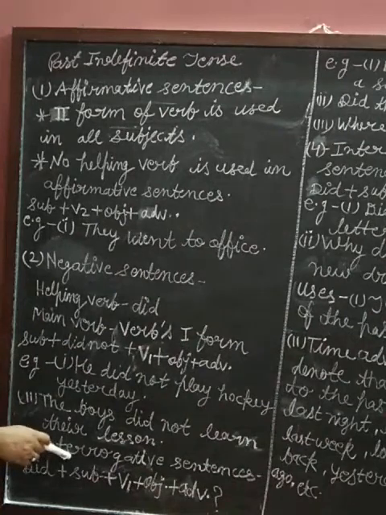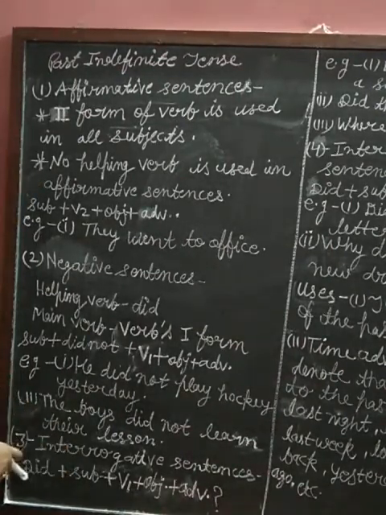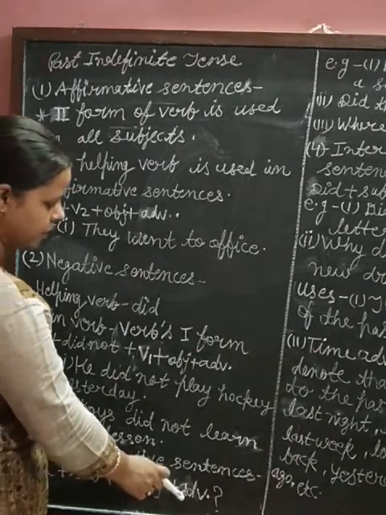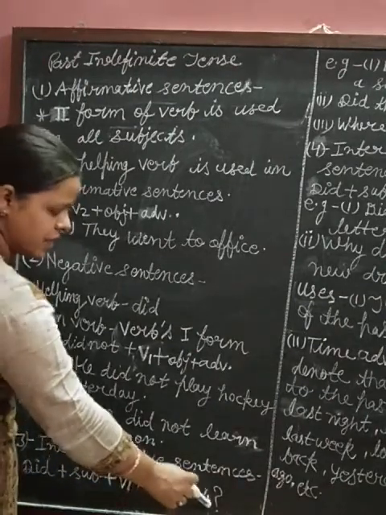Look, interrogative sentences. How do we make interrogative sentences? Interrogative sentences start from a helping verb, meaning yes and no type sentences. Did, the helping verb, comes first, plus subject plus verb's first form plus object plus adverb, and last, the interrogative sign.